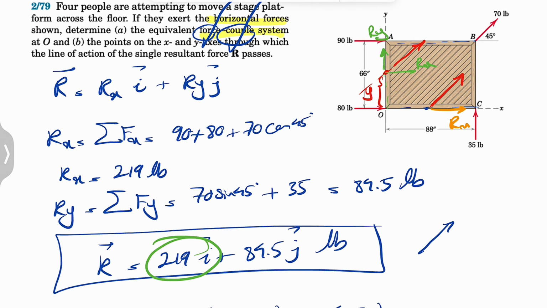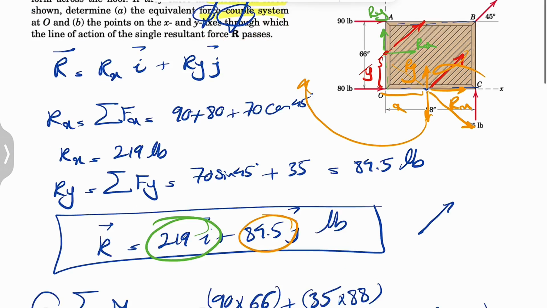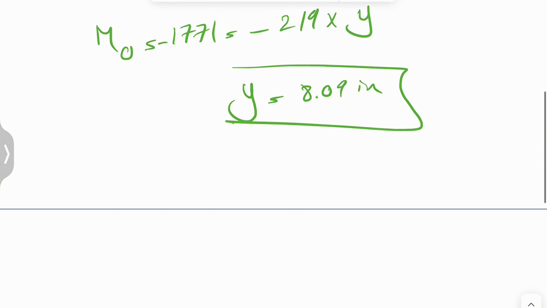And I'm going to show a different color for x. Same idea, the Rx won't make any moment. We have the moment of Ry. And since the moment is clockwise, our R has to be in a different direction because the moment needs to be clockwise. So it's going to pass through here. So the Rx is in this direction, and that's going to make a clockwise moment. Ry is 84.5.